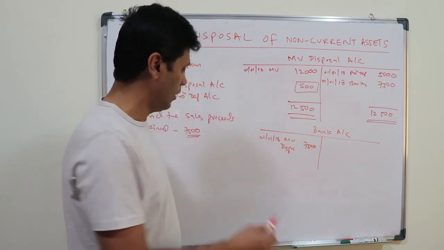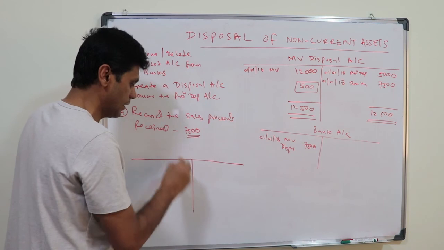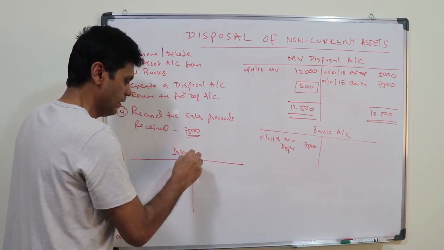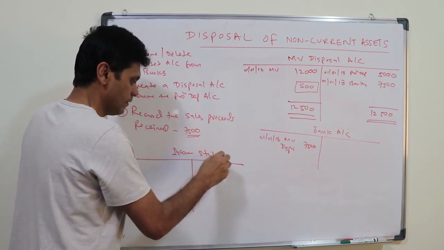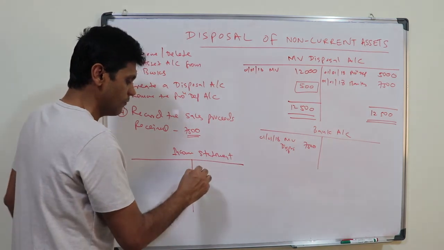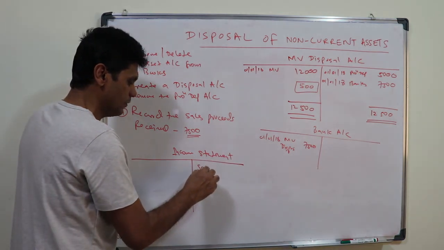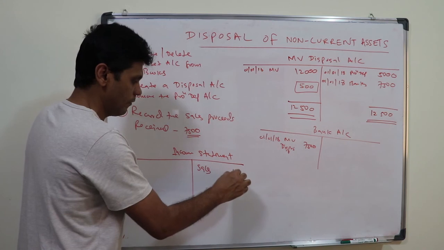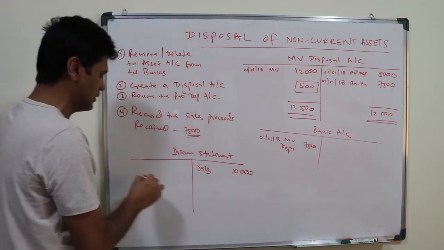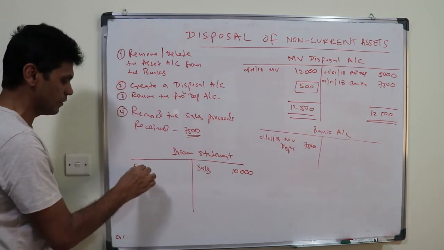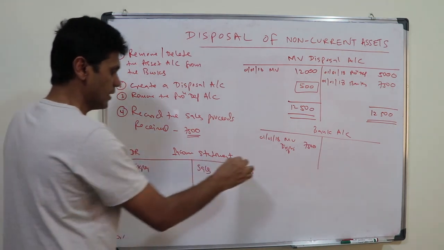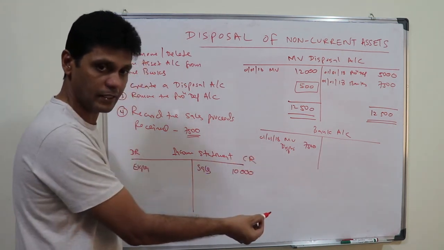So I'll explain, this is the income statement. In the income statement, you will have your normal sales, no? So you have normal sales 10,000. This side you have expenses, because all the expenses are debited, all the incomes are credited.